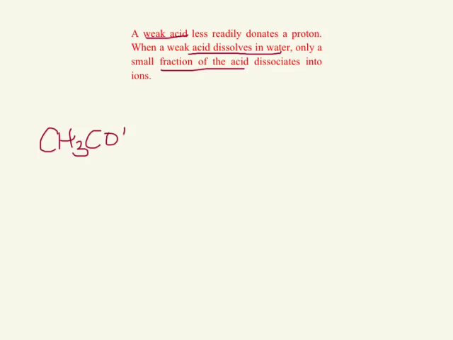Acetic acid is a weak acid. When it dissolves in water, only a fraction dissociates, so when we are showing a fraction, we put the double arrow sign. What that means is that the reaction is going in both the directions.